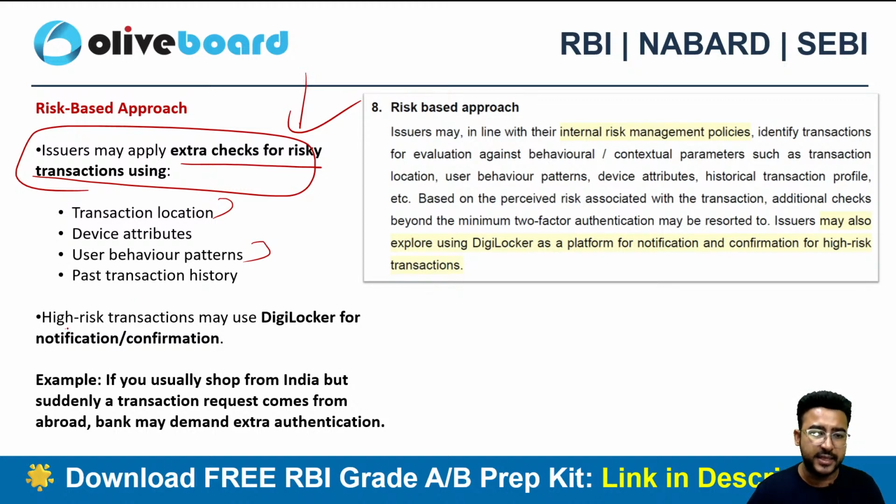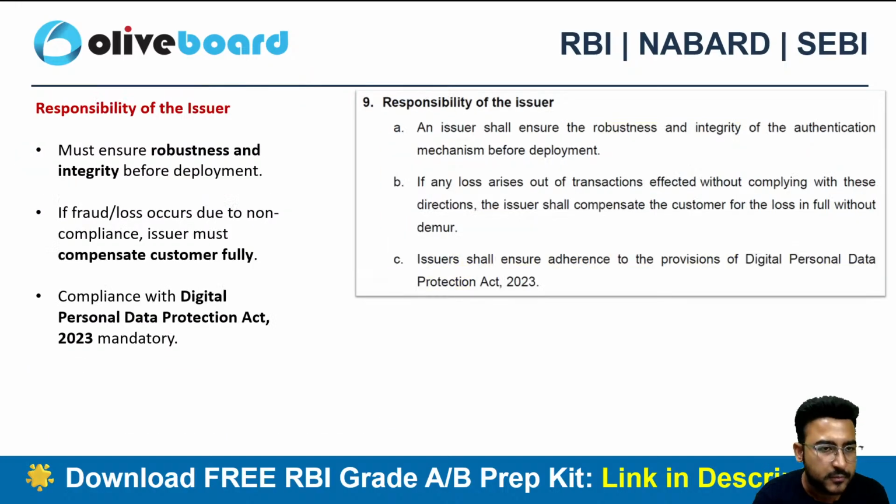Maybe for highly risky transaction, you can use the DigiLocker for notification or confirmation, things like that. But there should be a risk-based approach. In case of any risk, the system should automatically trigger a particular kind of additional check because the transaction is not usual here, right?